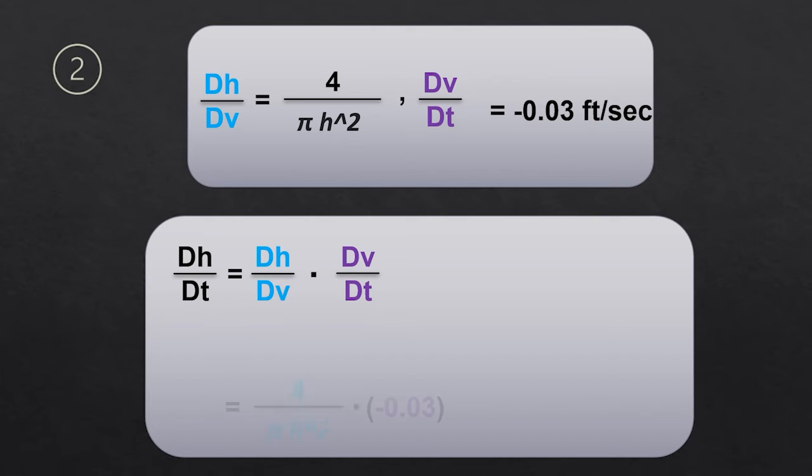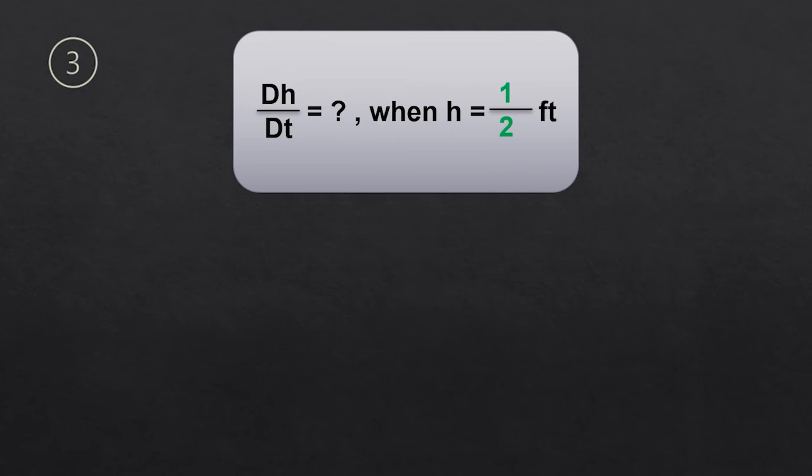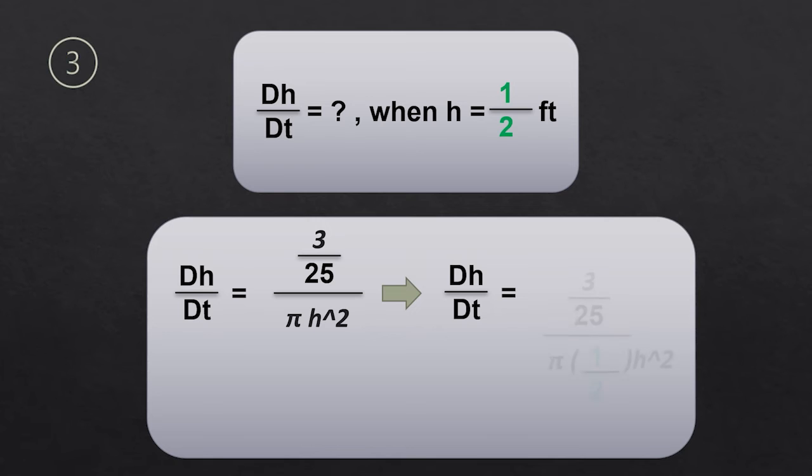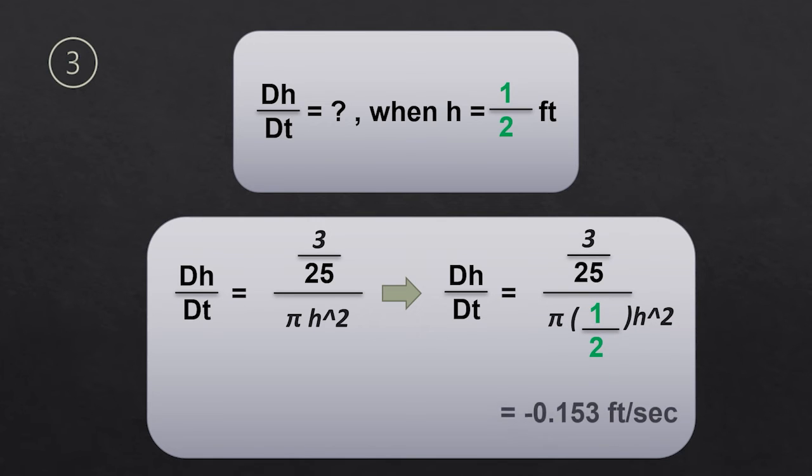So, it will be 4 over pi h squared multiplied by negative 0.03. We want to find dH over dt when h equals 1 over 2 feet. Therefore, when h equals 1 over 2, dH over dt equals negative 3 over 25 over pi times 1 over 2 squared. Then we can finally know that the height of the ice cream is melting at the rate of negative 0.153 feet per second.